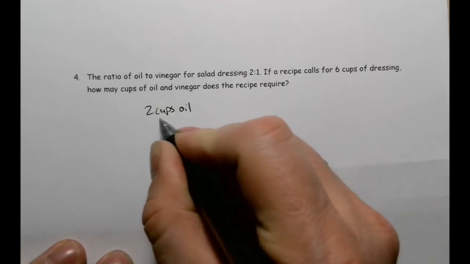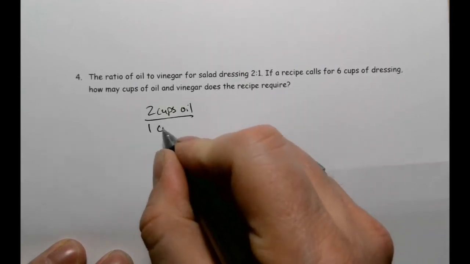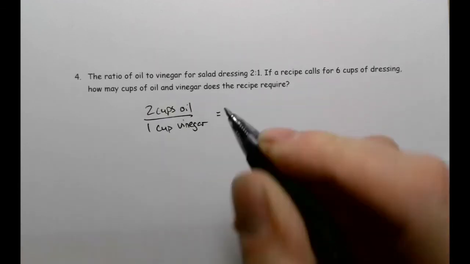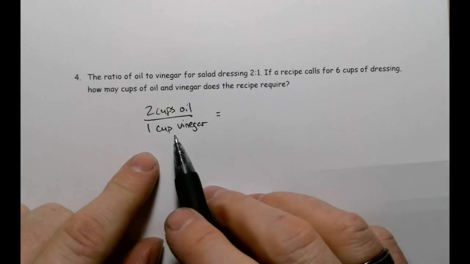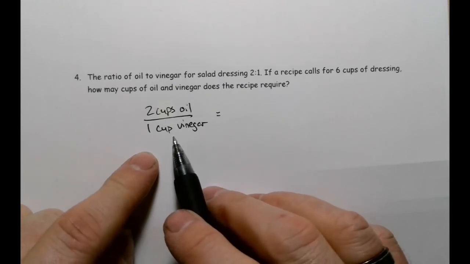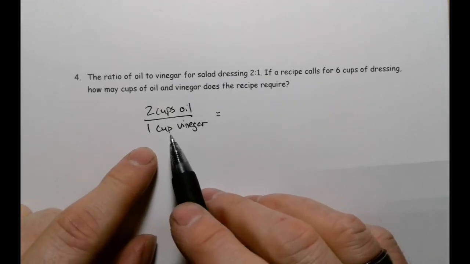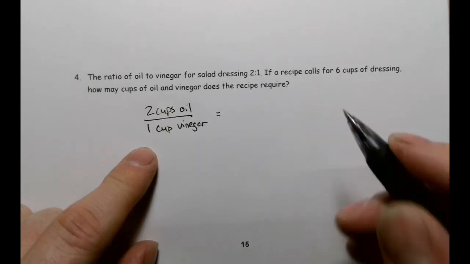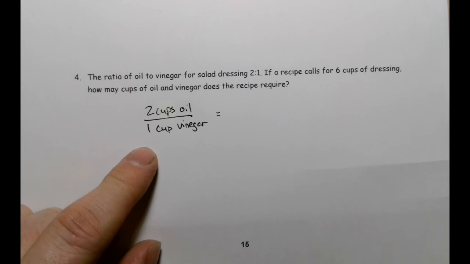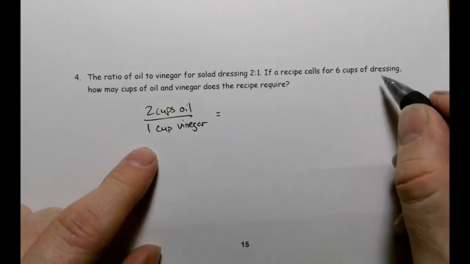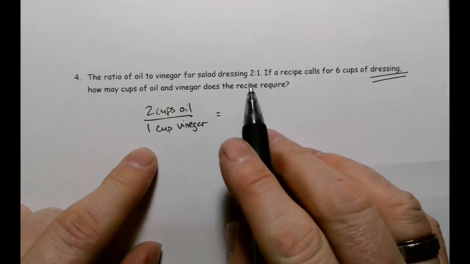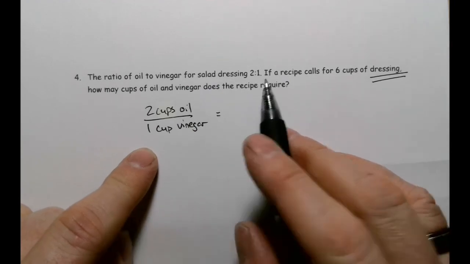What's going to happen here, and this is sort of interesting, is bear in mind that over here it doesn't say 6 cups of oil. It doesn't say 6 cups of vinegar. It says 6 cups of dressing. Well, if I've got the ratio 2 to 1, 2 cups to 1 cup, altogether that's 3 cups of dressing.